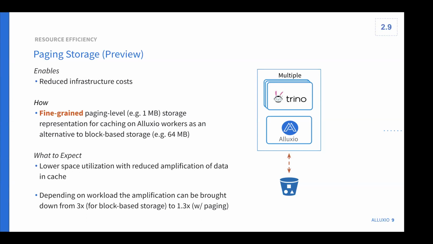So if your queries are accessing 100 megabytes from a 1 gigabyte data set, we might end up needing 300 megabytes for caching. Generally the cost is lower as the number of queries increases. But with this release, even for a small set of queries, the amplification factor will go down from 3x to about 1.3x with paging.